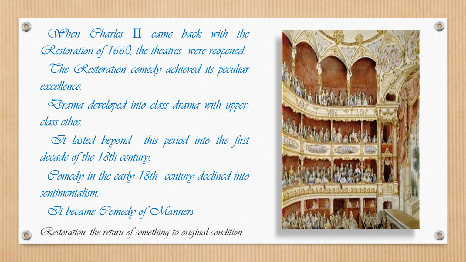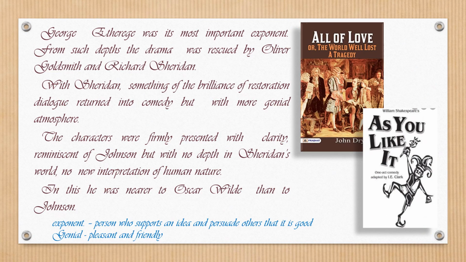Now the comedy in the early 18th century declined into sentimentalism, meaning they were more into sentimental comedies, which were also known as the comedy of manners. George Etherege was an important supporter of sentimental comedy, but this style of drama was rescued by Oliver Goldsmith and Richard Sheridan.